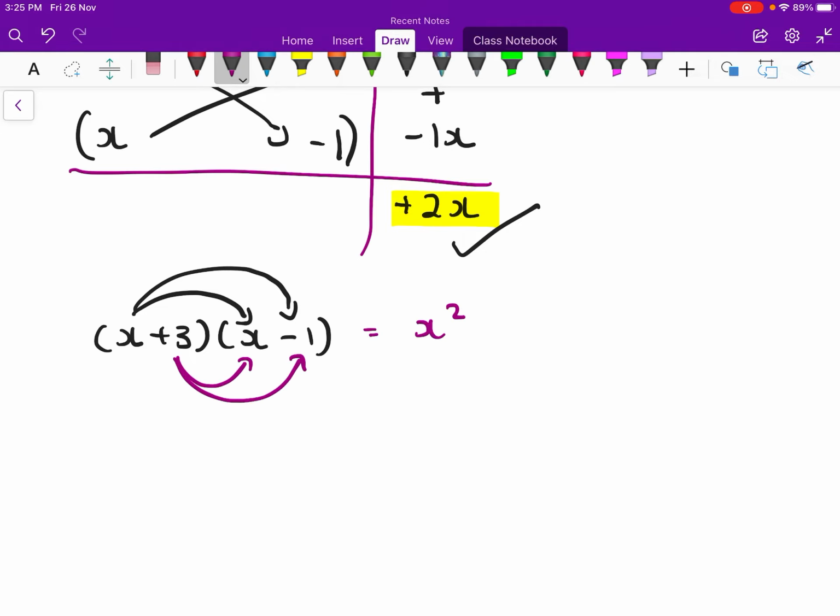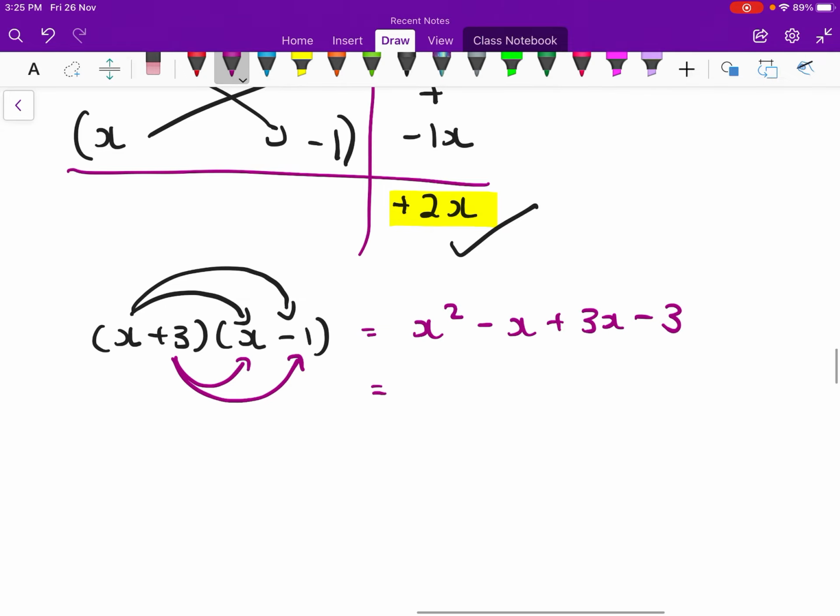So x squared minus x plus 3x minus 3. You should get x squared plus 2x minus 3. So it's consistent. If I do my expansion, I get back the same thing. Alright, so this is how we do our quadratic factorization.